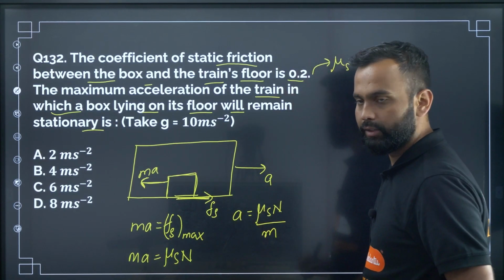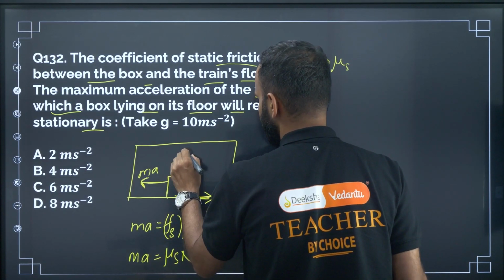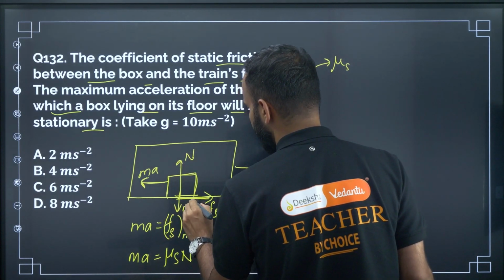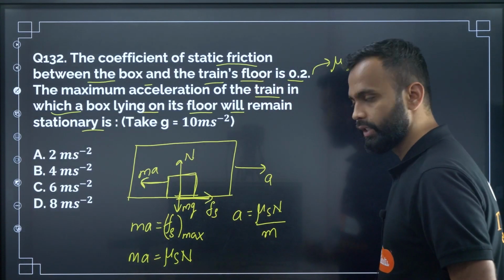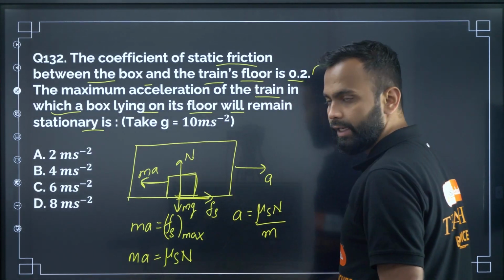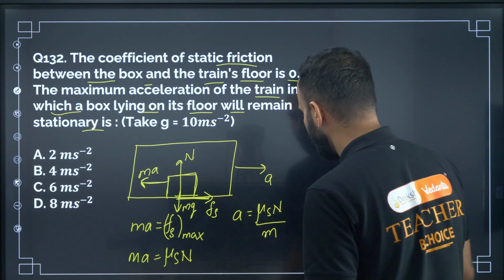So what is n? N is the normal reaction, and the gravitational force acting on this block is mg. Is there any vertical motion? No, right? So n equal to mg.